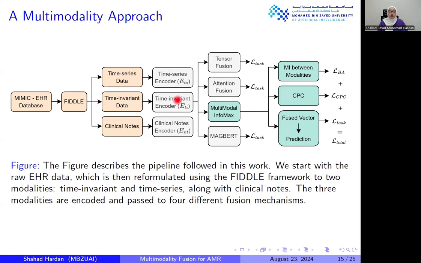We use an encoder for each of the modalities. And then once we have the data encoded, we use 4 fusion mechanisms to test the difference between them. The fusion mechanism that really outperformed in the results, as you'll see later, is the multimodal InfoMax, right here, that depends on 3 losses, and we'll talk more about them later.